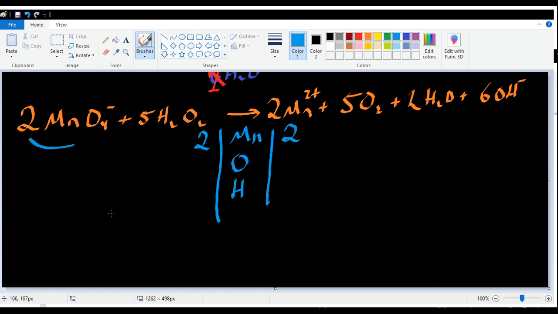Oxygen. 2 times 4 is 8. 5 times 2 is 10, meaning we have 18 oxygen on the left. 5 times 2, 2 times 1, 6 times 1 gives us 18 oxygen on the right. And for hydrogen, 5 times 2 is 10. Hydrogen 2 times 4, 6 times 1, we have 10. All right, so that means that all of our atoms balance out.